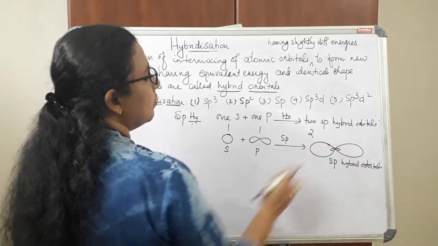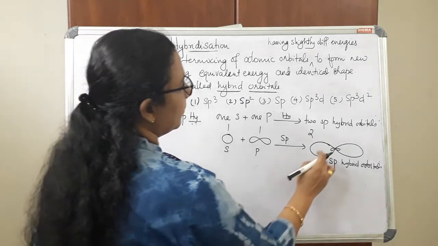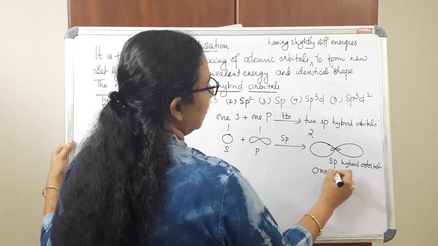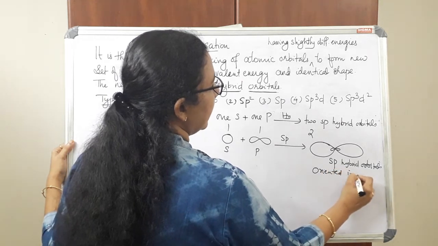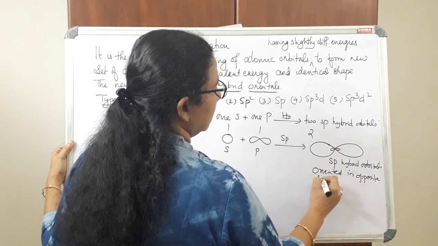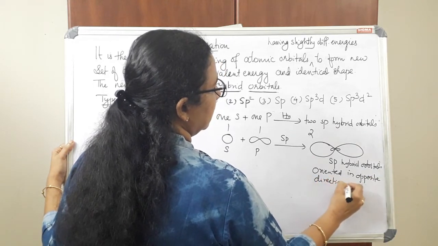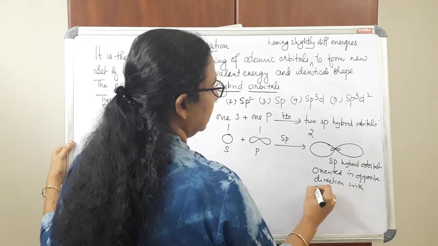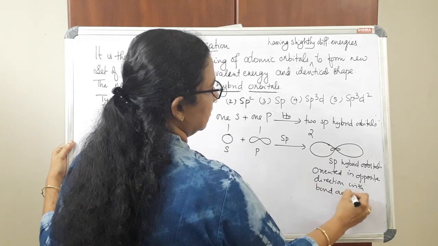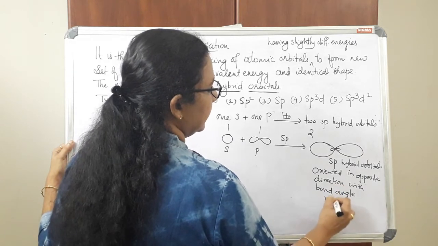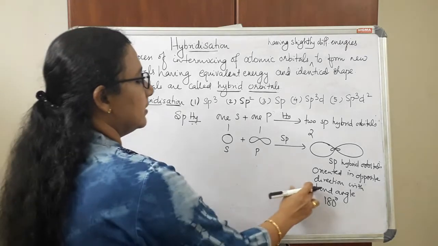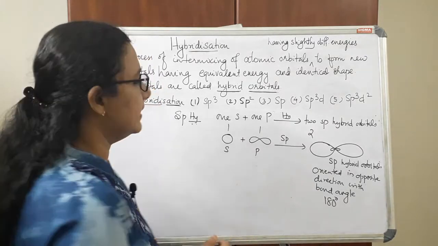These two sp hybrid orbitals are oriented in opposite direction, with bond angle 180 degree. So this is in opposite direction, so we can say that the bond angle will be 180 degree.